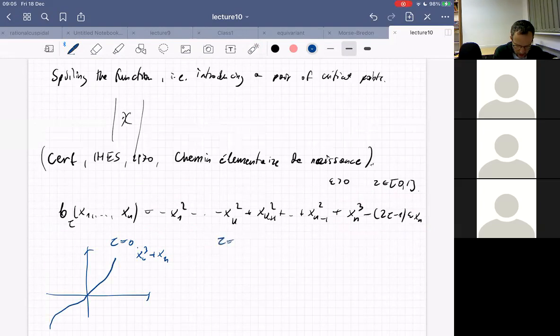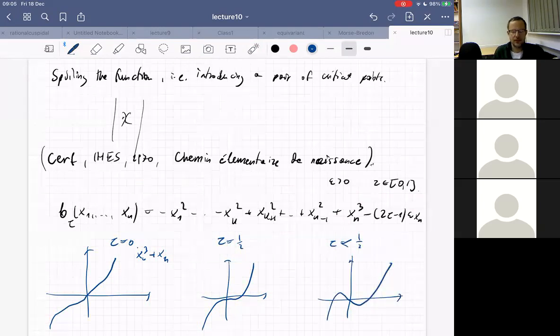For tau equal 1/2, we have this. Tau less than 1/2, it's like this. Tau greater than 1/2. So this tells you that this point and that point are critical points of this one-variable function.